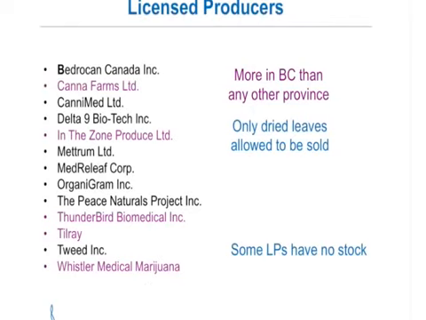This is a list of the licensed producers. The ones in purple are the ones in BC, and you can see that across the country, BC is very well represented in licensed producers. There are quite a lot of companies in BC that were very quick off the mark in getting their applications in. However, if you go through the different websites, some of these licensed producers have no stock or only very recently got stock in, and it may not be stock in all the different forms.